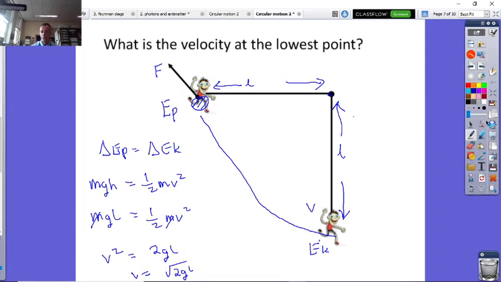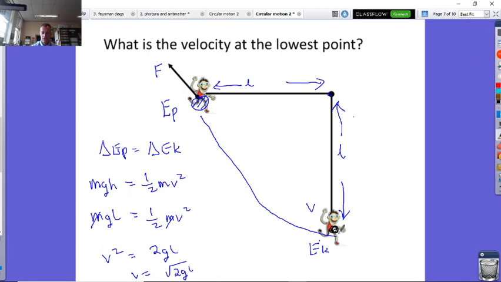Now, when we're at that bottom point, this is where it gets really exciting. You've got the mg acting down, which is the weight of the character, and then you've got tension T acting up.